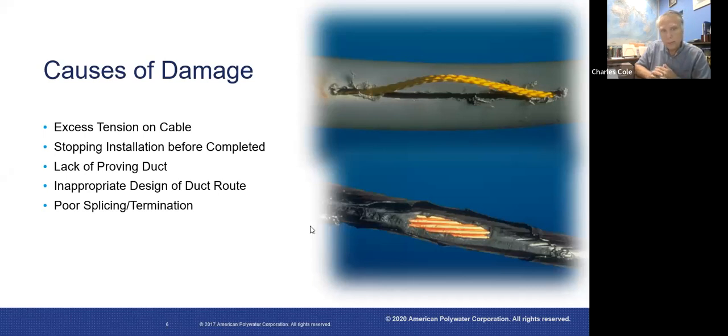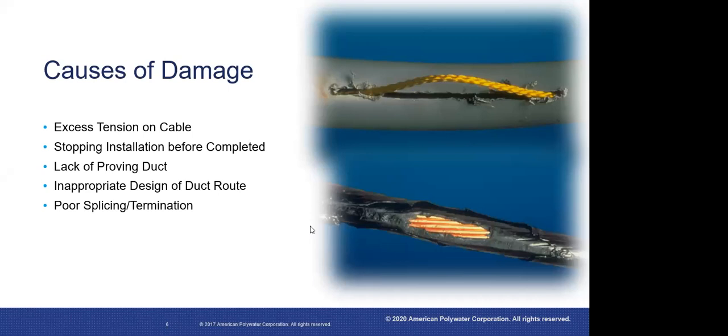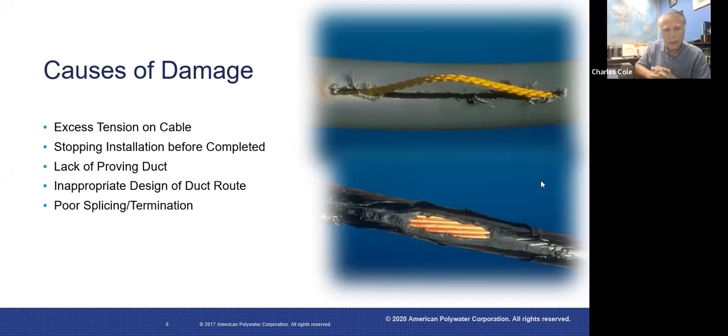Then there's an inappropriate design of the duct route. We've got some software that I'll talk about later that could be used to optimize the design of the duct route to minimize any of these damages. And then poor splicing and termination is also a cause of damage.